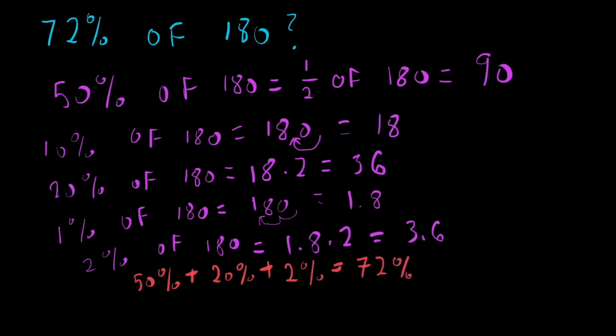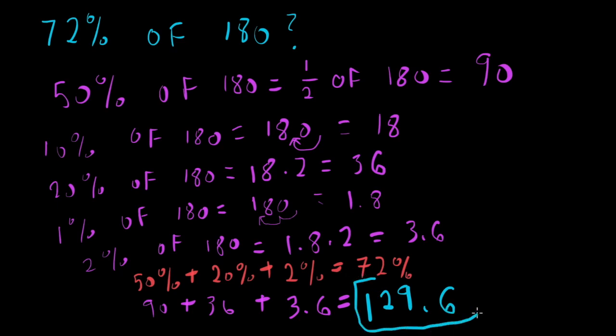So that means we can simply say that 50%, which we know is 90, plus 20%, which we said was 36, plus 2%, which we said was 3.6, gives us a final answer of 129.6. Okay, so that's our answer. 72% of 180 is 129.6.